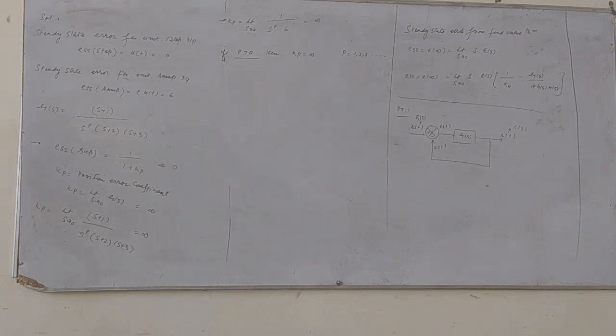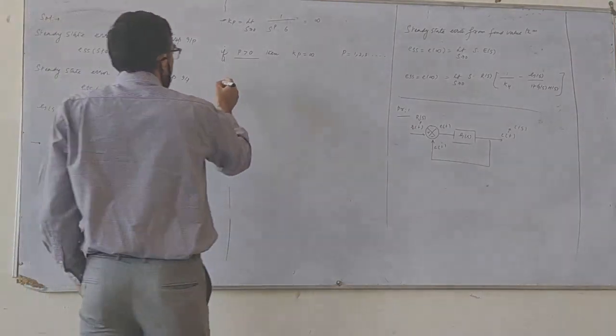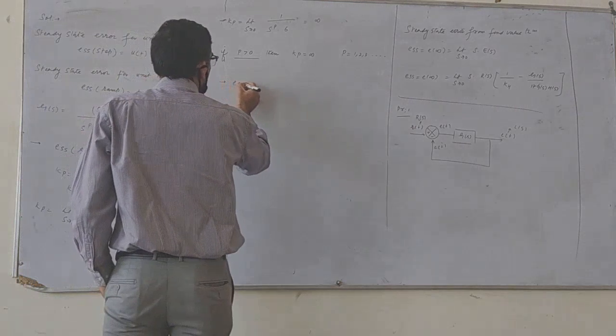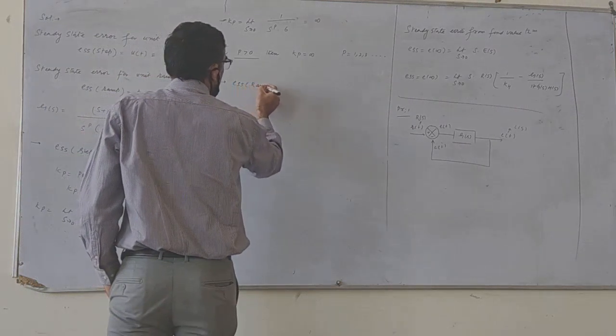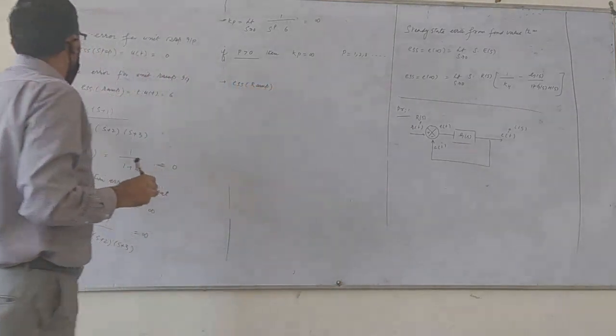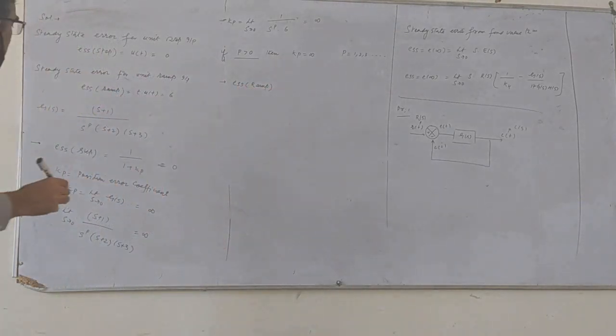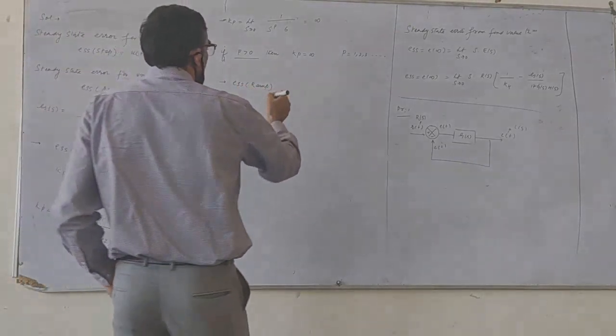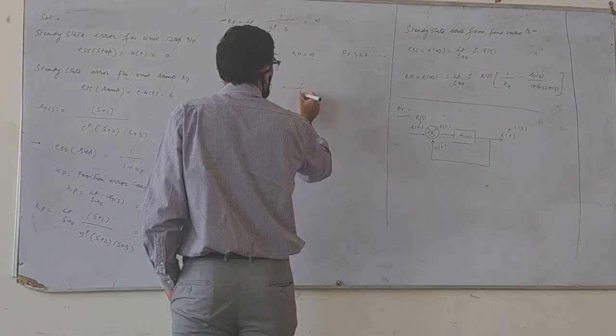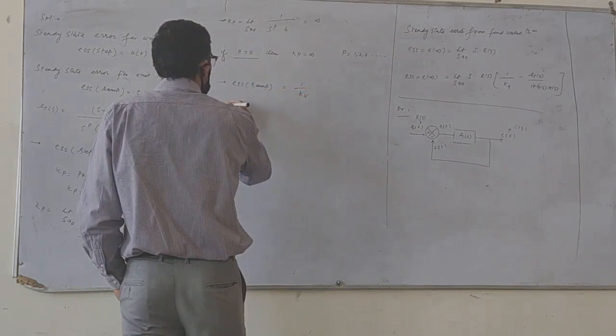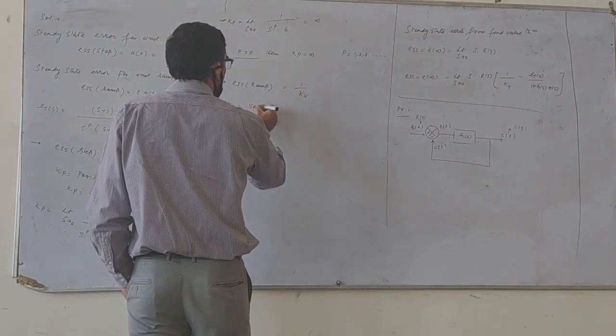Now coming to the second. ESS for ramp is the steady state error. Please write this, the simple form, which is given as 1 by kV, where kV is the velocity error coefficient.